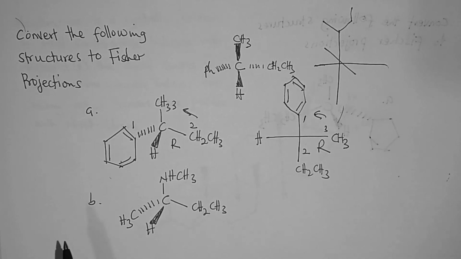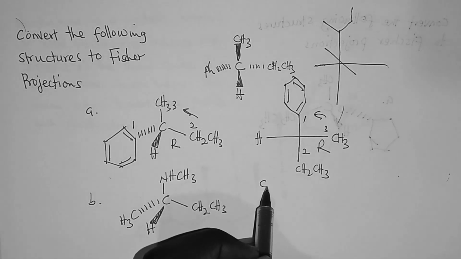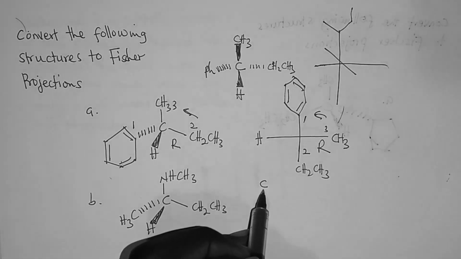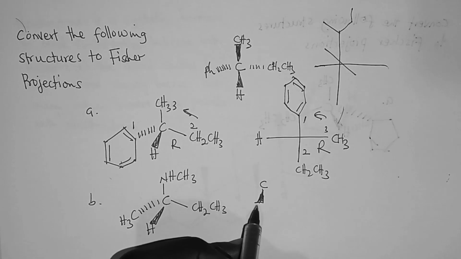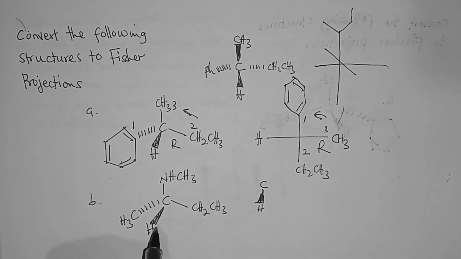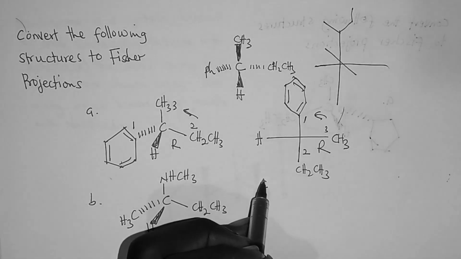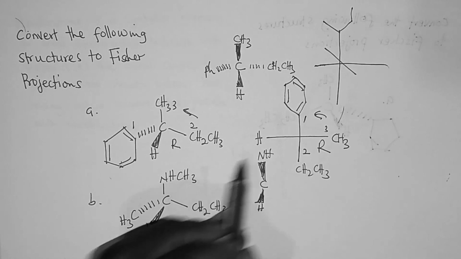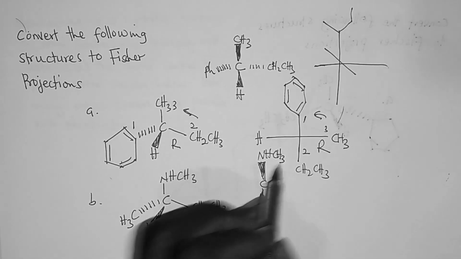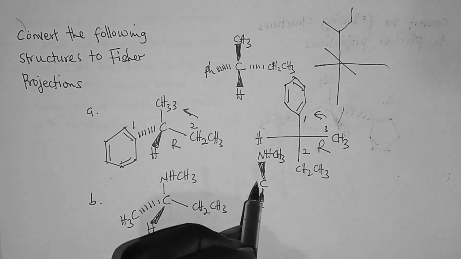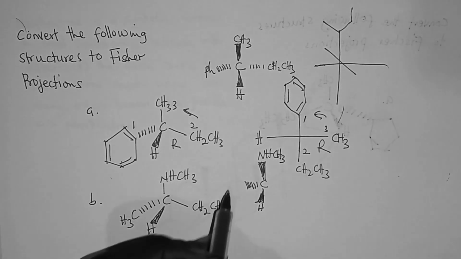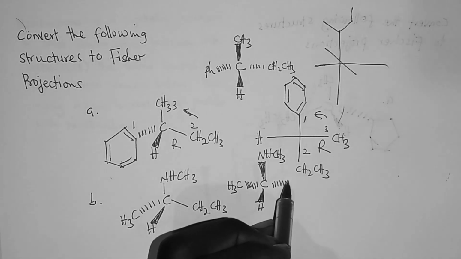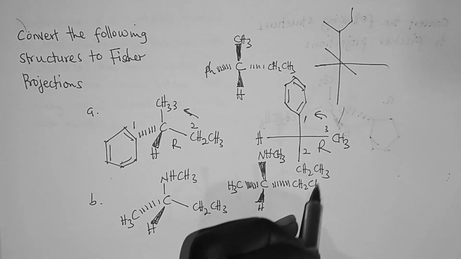Now let's come to this molecule. So let's draw it in terms of Fischer. So the proton is pointing towards us. So the proton is here. And then this NHCH3 is also pointing towards us. And then this group is on the dash bond, CH3. And then the ethyl group is also on a dash bond, CH2CH3.